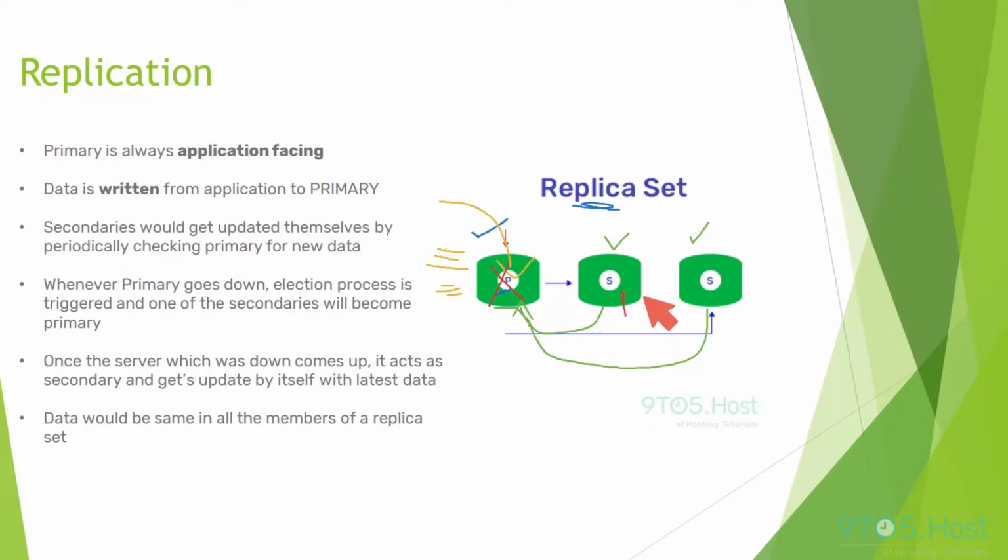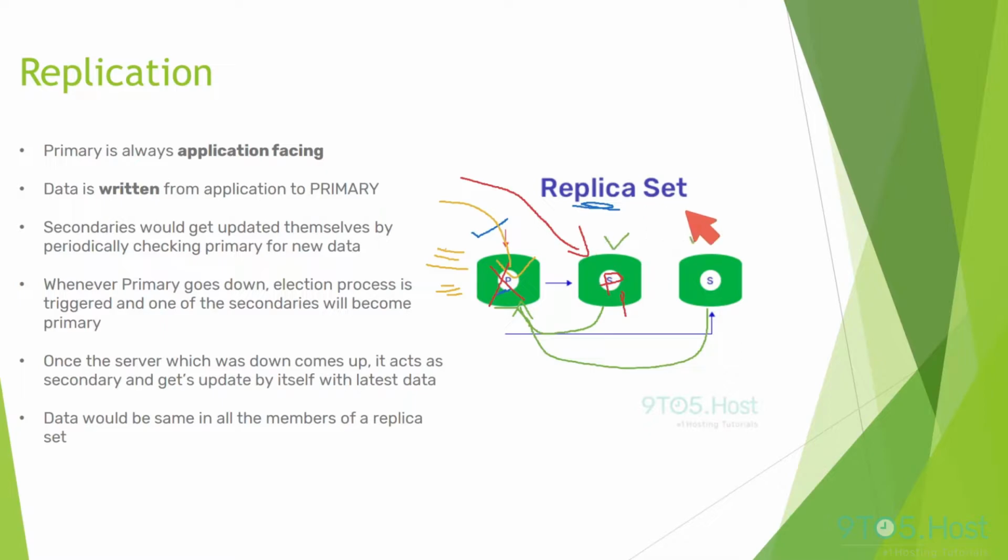So the job of the driver is to route the connection to the primary. Automatically the connection will come to this server and the application functionality goes smoothly. There would be practically no downtime though one of your database servers is down.